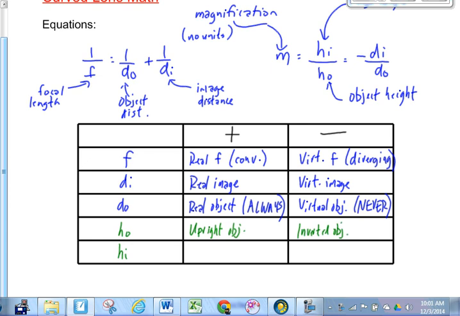HI is positive when we have an upright image, and it's negative when we have an inverted image. So the blue ones, F, DO, and DI, are positive based on whether they're real or virtual. The green ones, HO and HI, are positive and negative depending upon whether they're right side up or upside down.